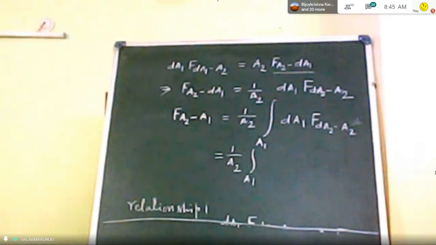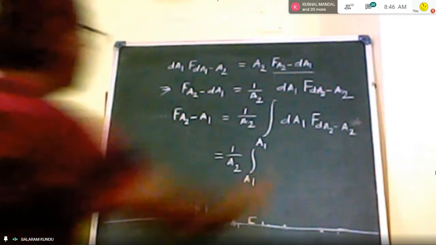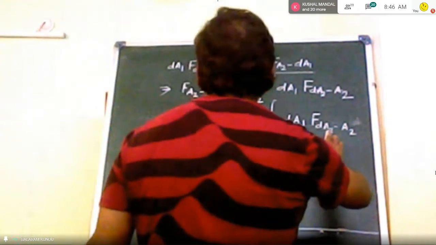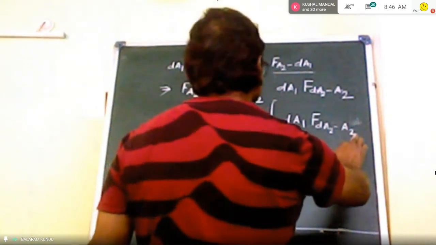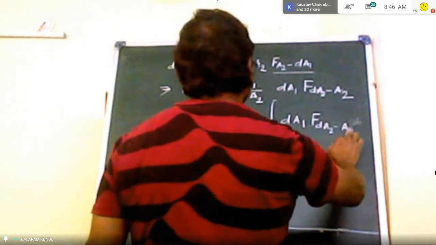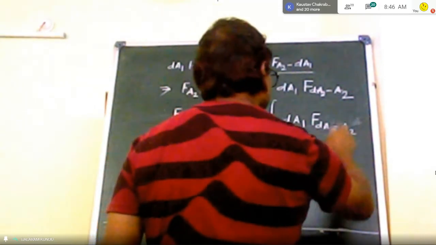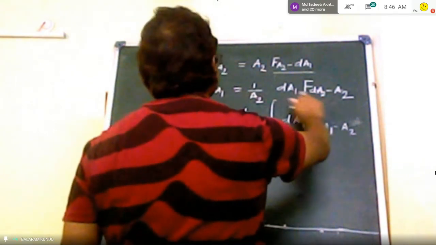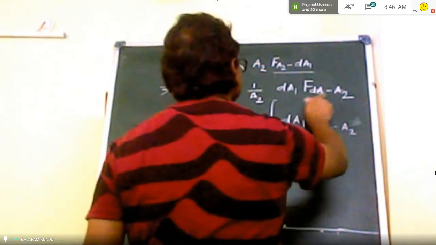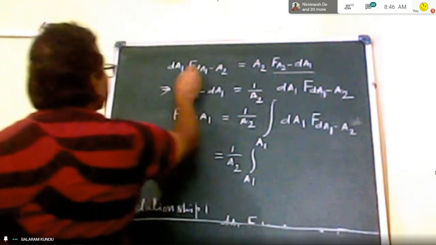So that expression was, you can tell me the mathematical expression of shape factor dA1 A2. Yes, dA1 A2, sir. It should be. And similar way here, so this part, dA1 A2.